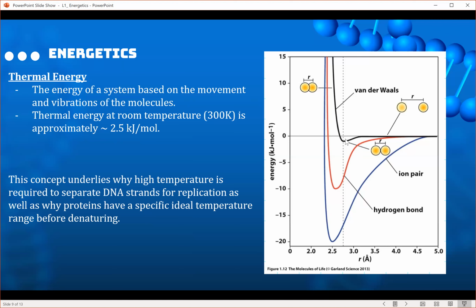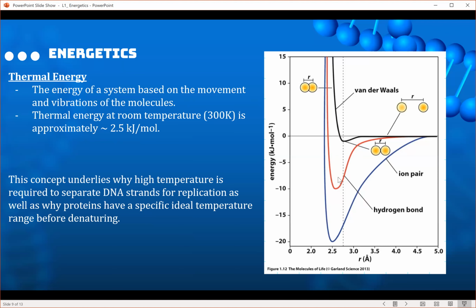But if we look at this van der Waals interaction, which is approximately 1 kilojoule per mole, we can expect that since it's less than thermal energy, random collisions could break the van der Waals interaction.